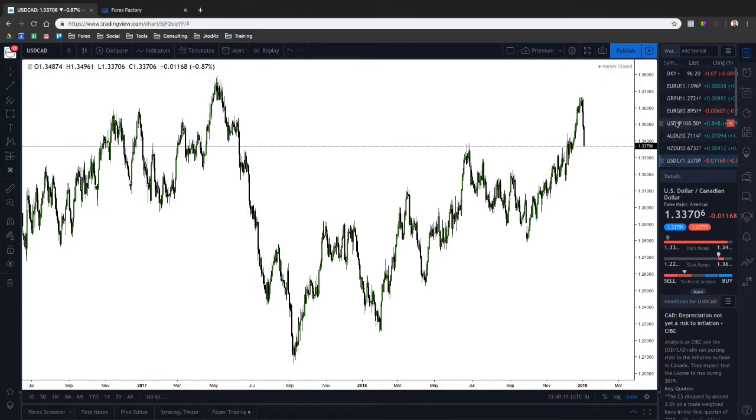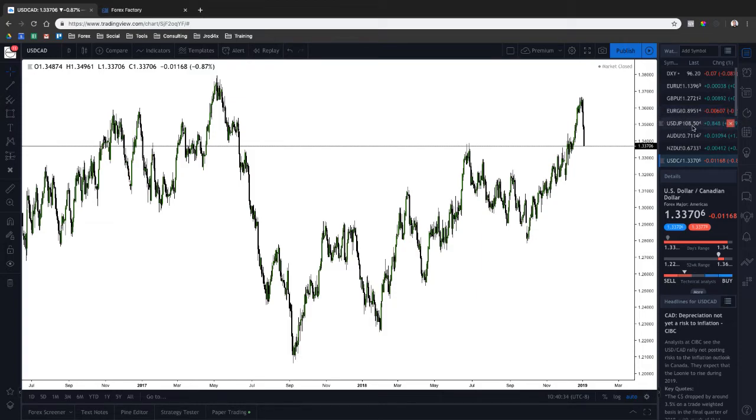So again, for dollar yen, Australian dollar, New Zealand, and dollar CAD, I'm not really going to be watching those at all or really talking about them. I'm just going to be refining my focus to strictly dollar index, EURUSD, and GBPUSD.